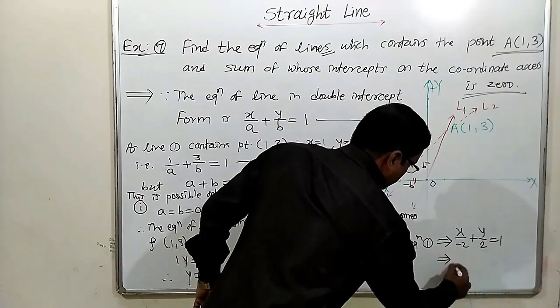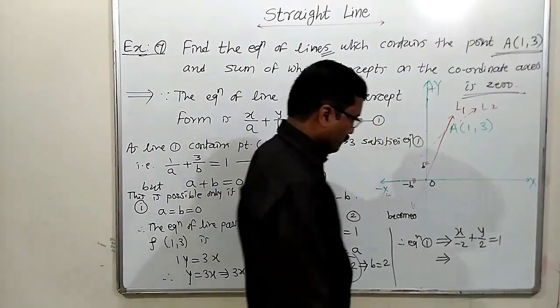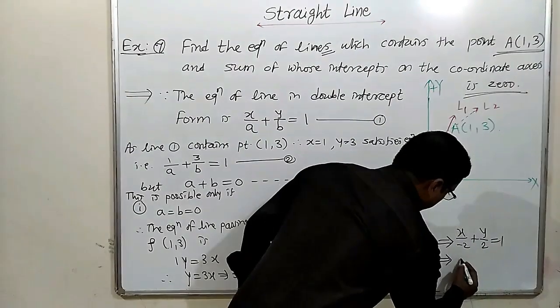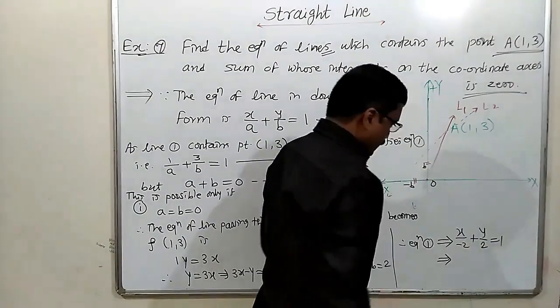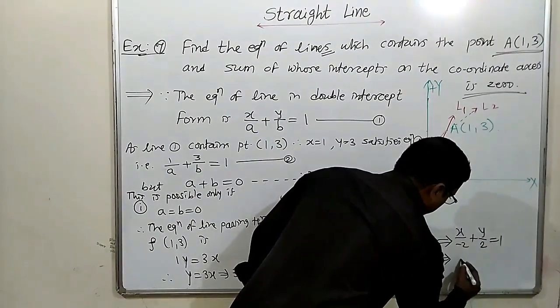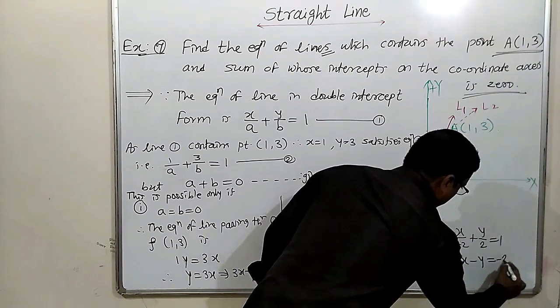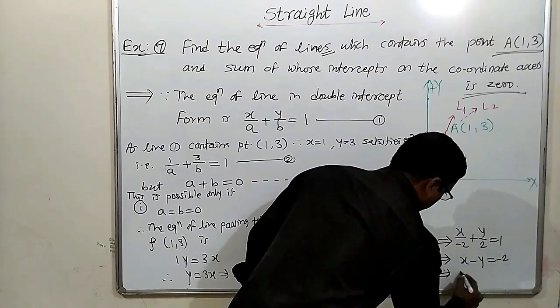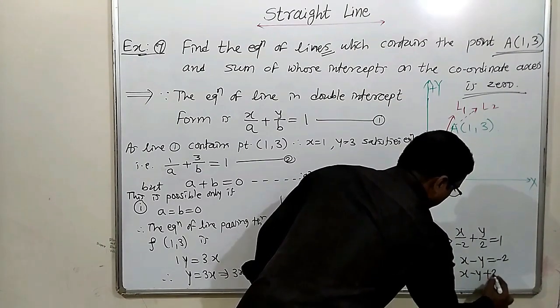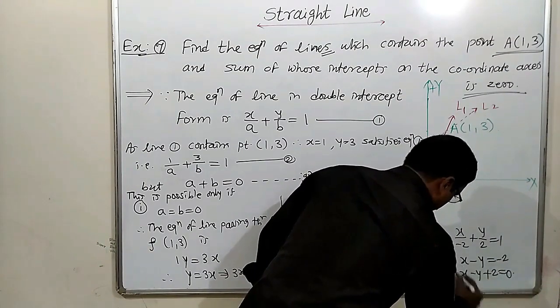So multiplying each term by minus 2, we get x minus y equal to minus 2, which implies x minus y plus 2 equal to 0.